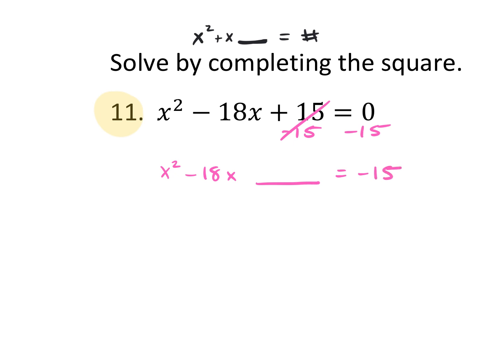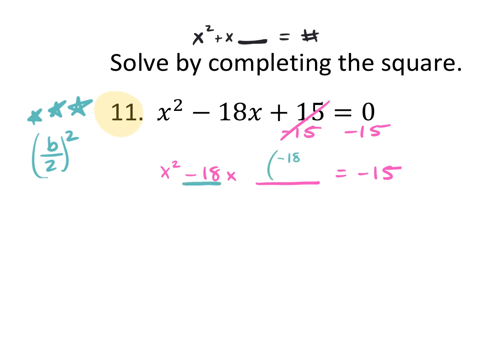What's the formula that we use when we complete the square? b over 2 squared. Perfect. So this is our formula that we use to complete the square. What's our b? -18. It's always what's in front of the x.